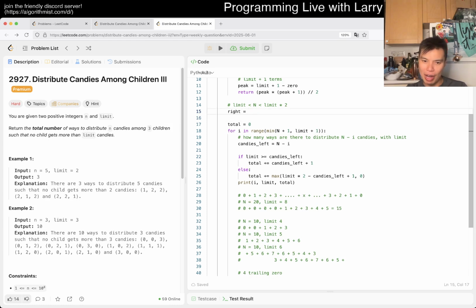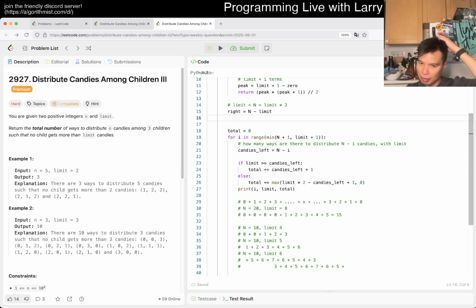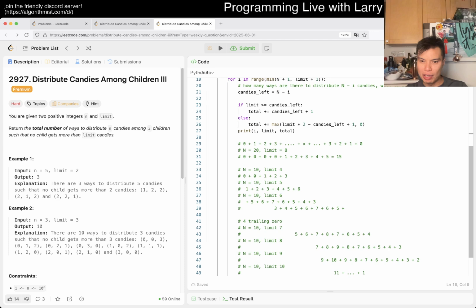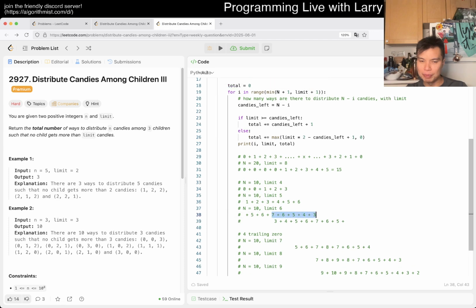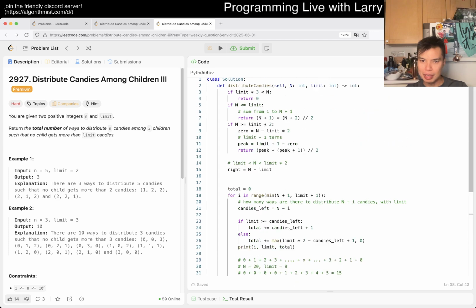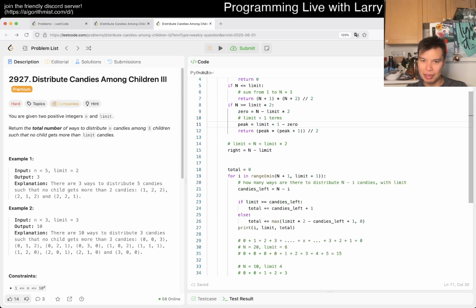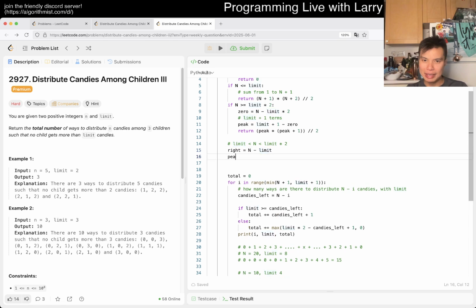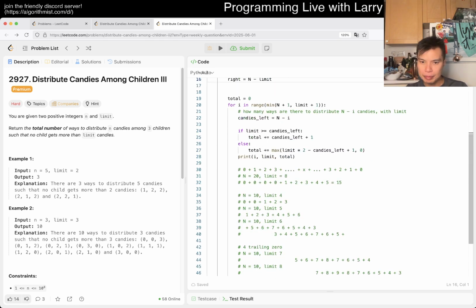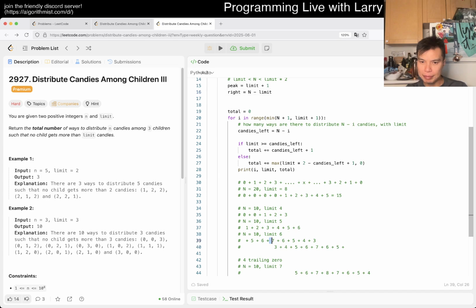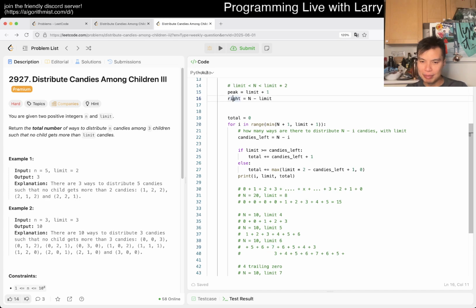Right is equal to n minus limit, right? So that means if we want to say the math from 1 to limit plus 1, kind of like this. So, okay, let's just write peak is equal to limit plus 1, and then the right is going to have n minus limit, right?